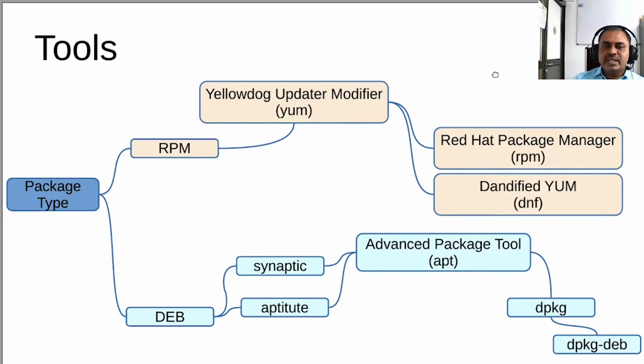However, we are going to learn in depth how to manage the Debian packages, which can be done both using a graphical user interface as well as the command line. Synaptic is a graphical user interface and Aptitude is a command line interface available to manage packages of the Debian type. At the back end is the advanced package tool, apt, which does the package management.